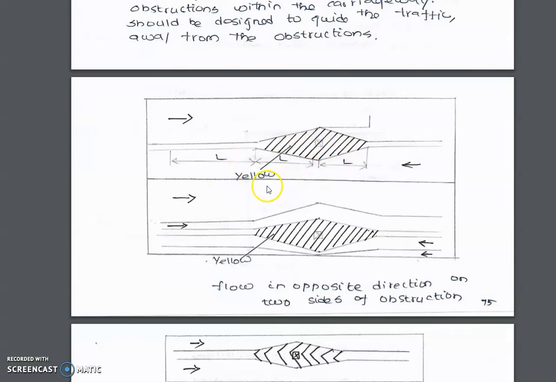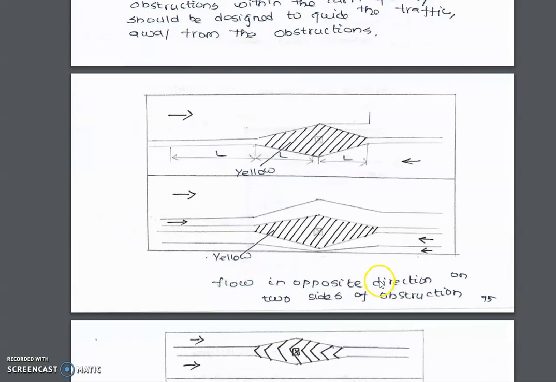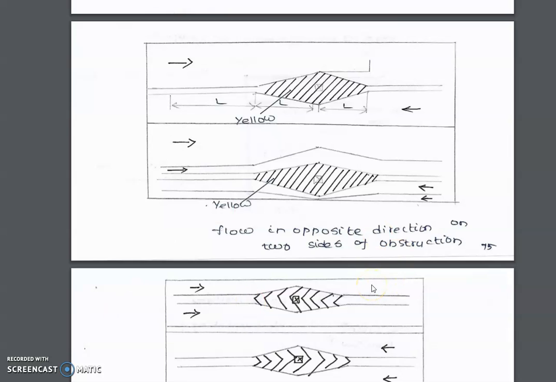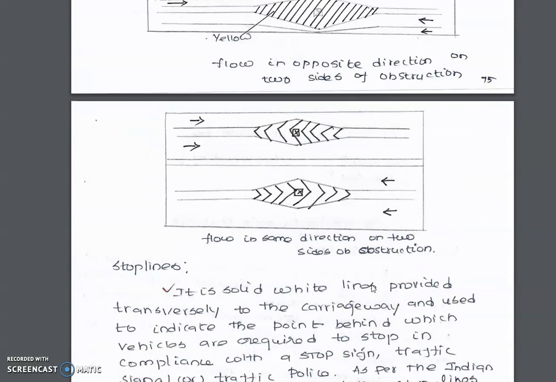Each line is separated, and the marking is different from the normal line, using only a color like yellow. This applies to flow in opposite direction on two sides of obstructions, and flow in the same direction on two sides of obstructions.